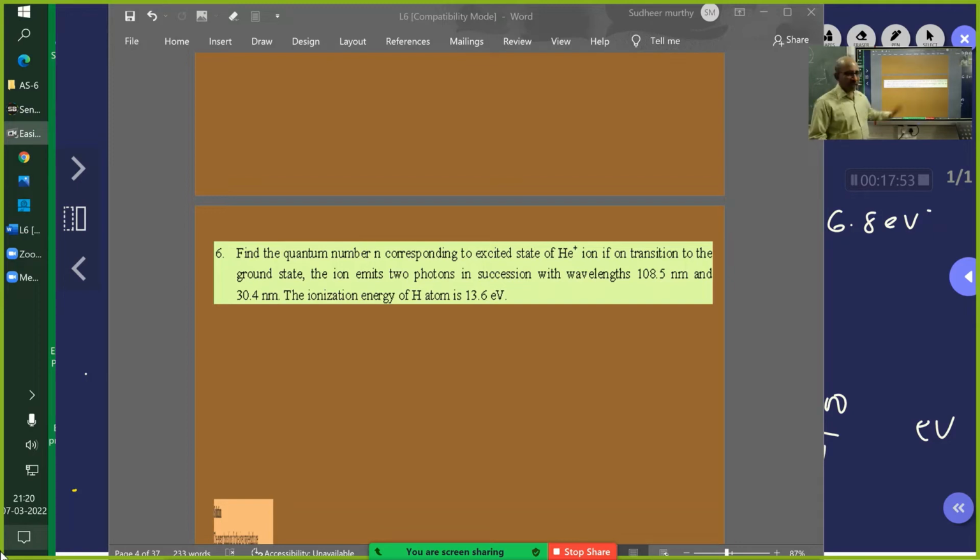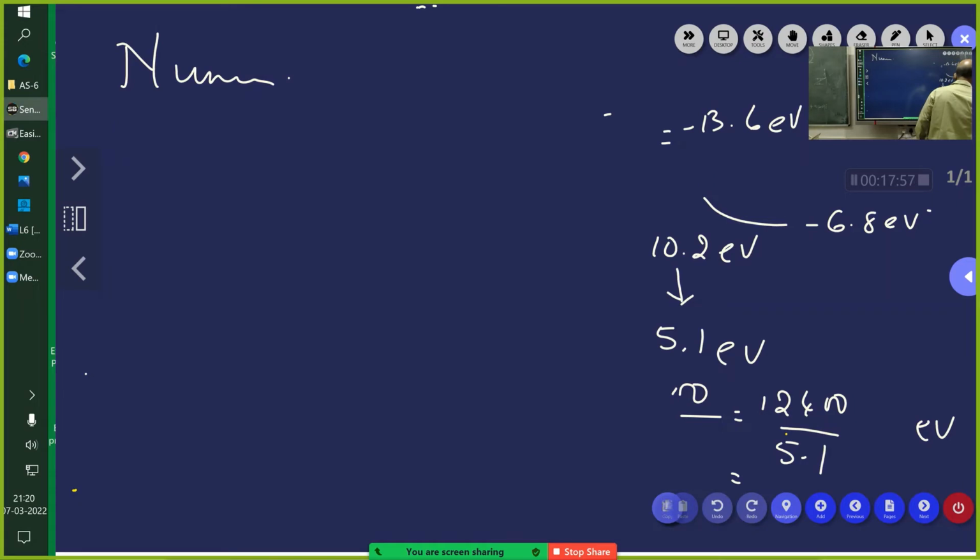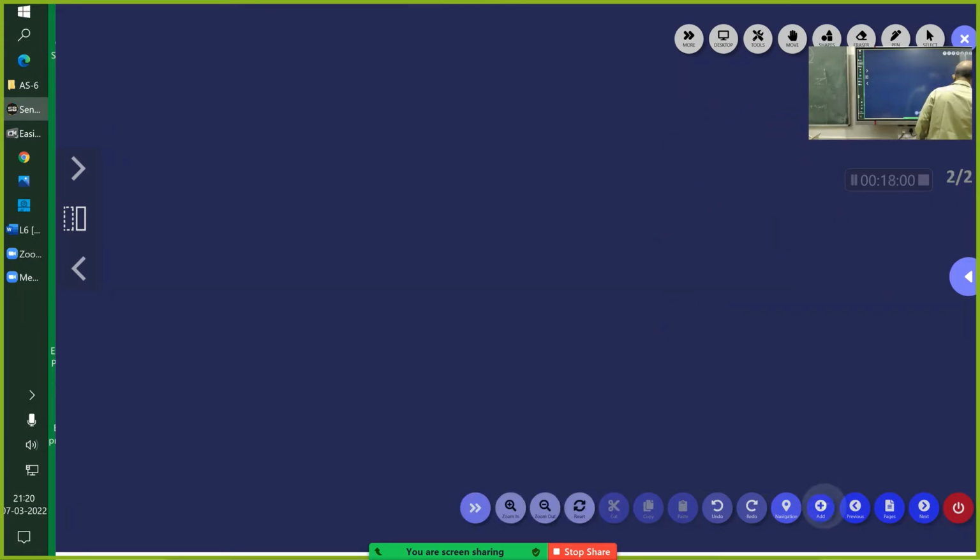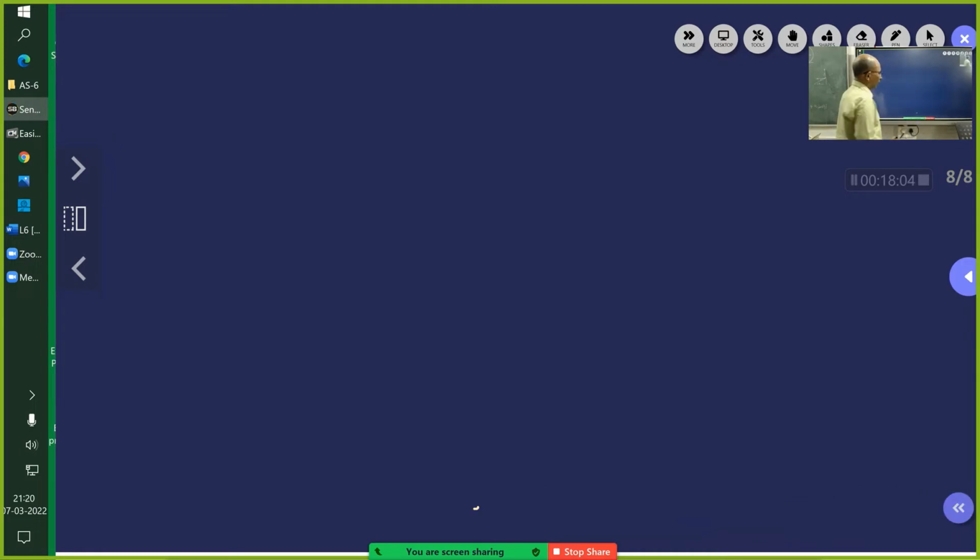So you try to visualize this problem. There is the ground state, n is equal to 1.